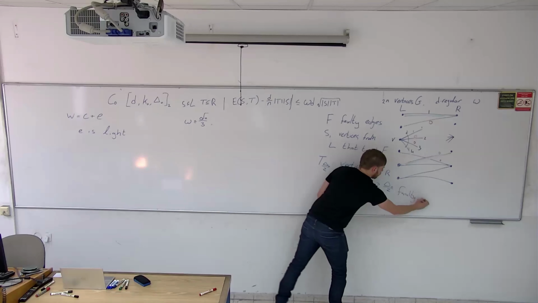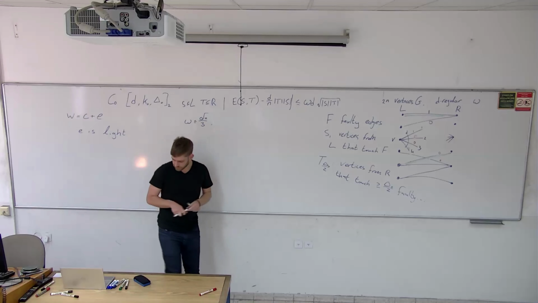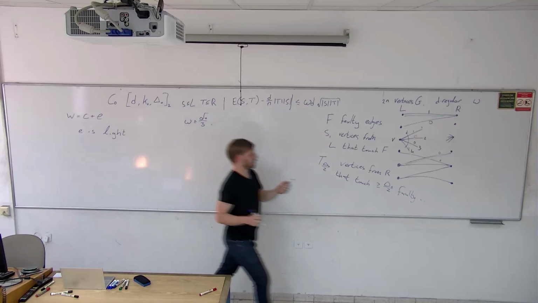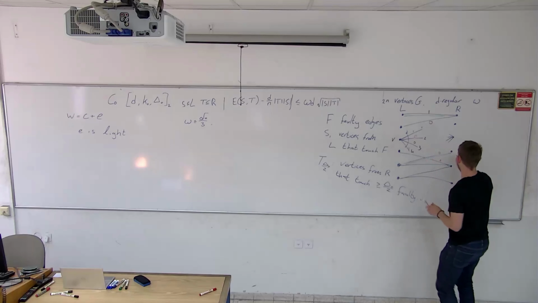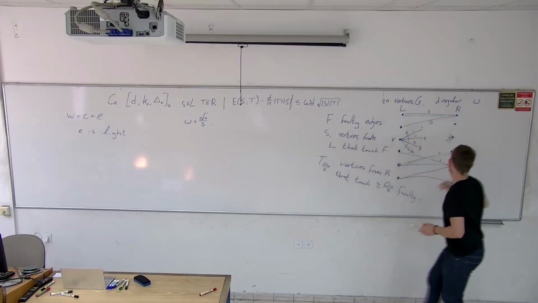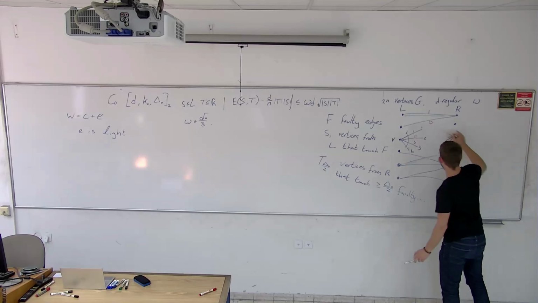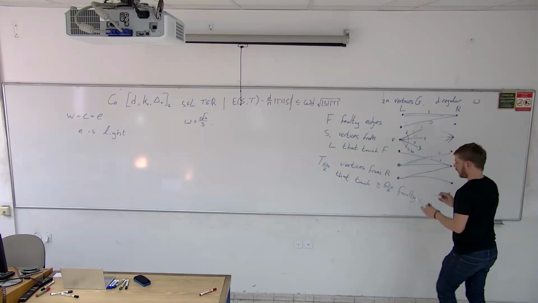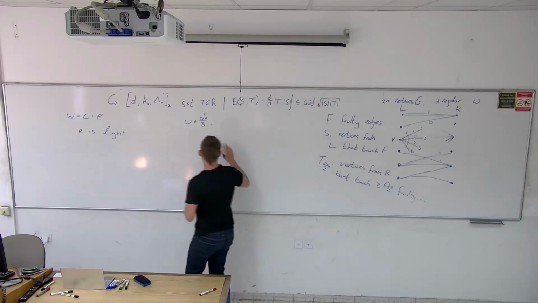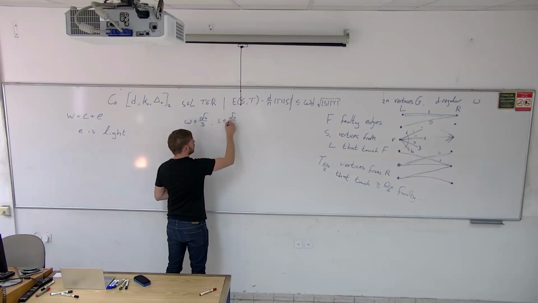This is a hint. We have these vertices on the right that touch many faulty edges. What we're going to claim is that, we'll need an additional assumption that S is small enough.